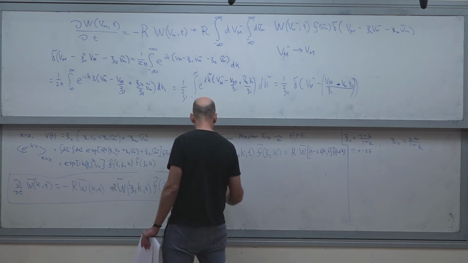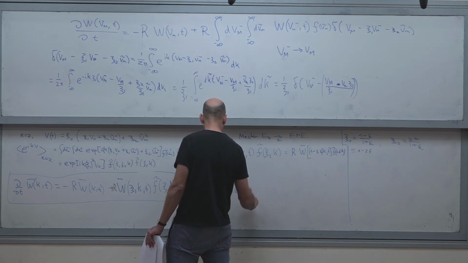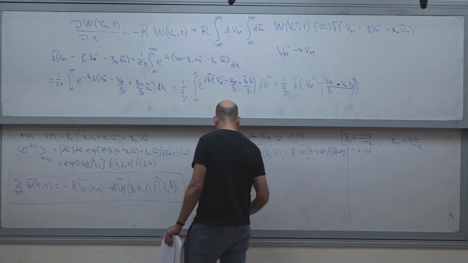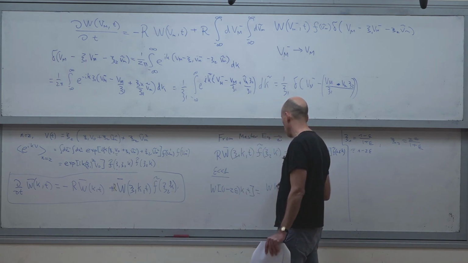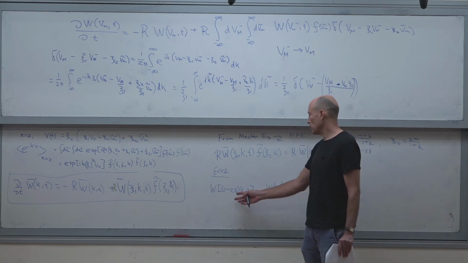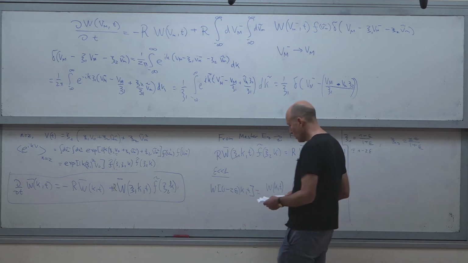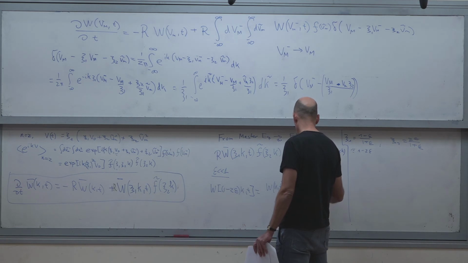You have W of (1 minus 2 epsilon) k, t. That is equal, in the leading order, you just take epsilon to 0. That is equal W k t. Then you expand it. And what is a small parameter? You see it's 2 epsilon times k. So this is equal to minus 2 epsilon k d over dk W k and t.